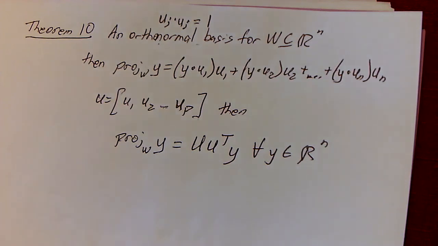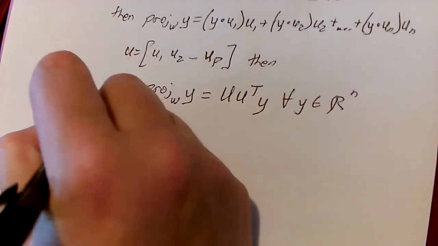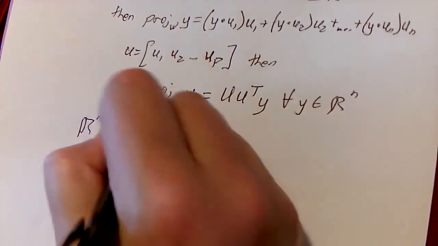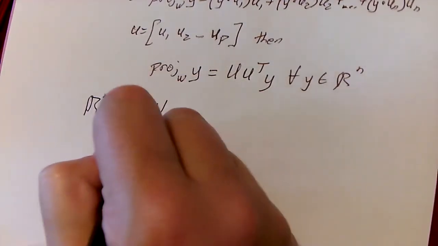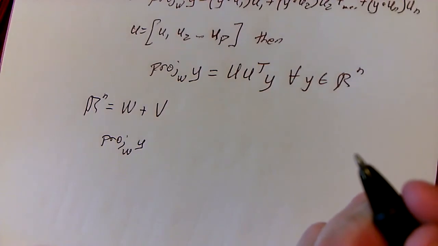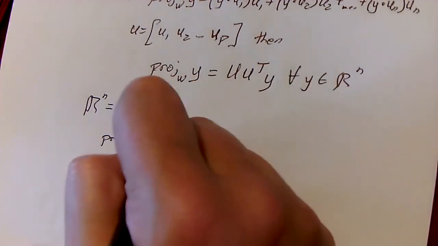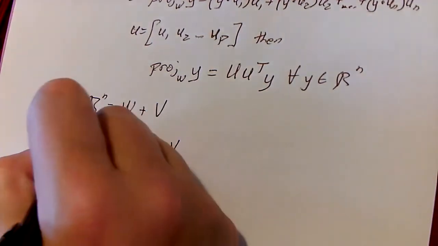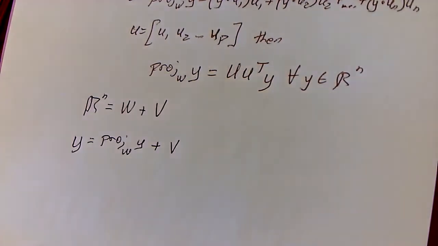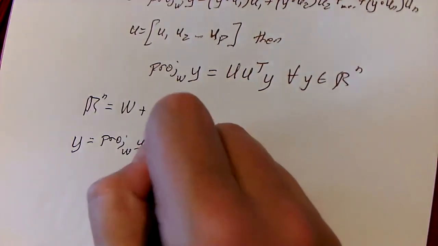So what we have then is that if it's a projection into a space, then it's orthogonal to the other parts of that space. So if I have Rn, and it's broken down into W and V, two different vector spaces, I can do the projection of a vector y onto W, and it will be added to something that will be a vector V. So y can be broken down into those two pieces.